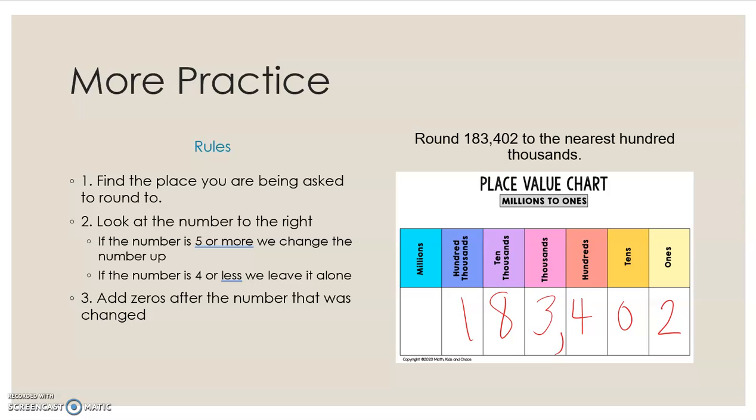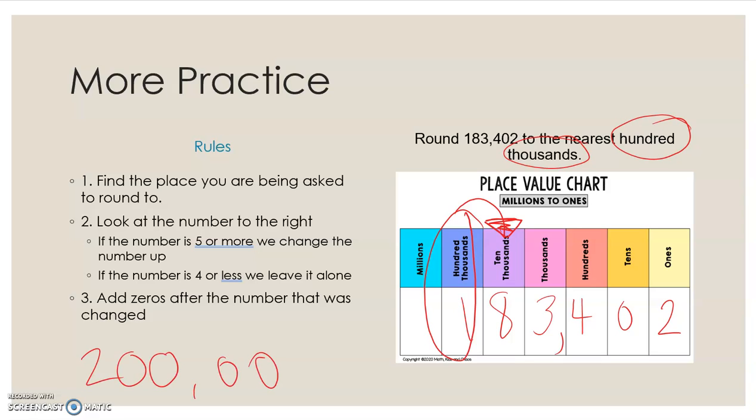In this case, we're being asked to round to the 100,000s place. So we go to our 100,000s place. Then we look at the number to the right. If this number is 5 or more, we change it up. And if it's 4 or less, the number remains the same. In this case, since our number is 8, our 1 will change to a 2, leaving us with 200,000.